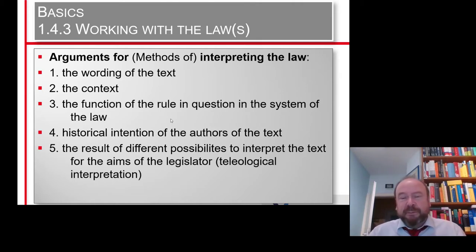So the exact wording of a text must be assumed to be correct, that this is what they meant. That can come down to very small details. For example, the German law contains a rule that persons are subjected to unlimited tax liability. We will later learn what that is. That they are subjected to unlimited tax liability if they have a residence in Germany.